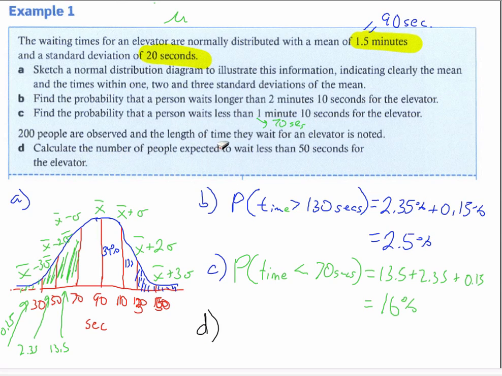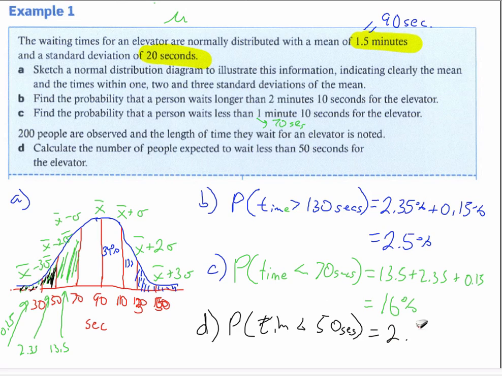Calculate the number of people expected to wait less than 50 seconds for the elevator. Alright, let's look at the probability that the time is less than 50 seconds. Less than 50 seconds is over here. The last two bits, we know that part is 2.5%.